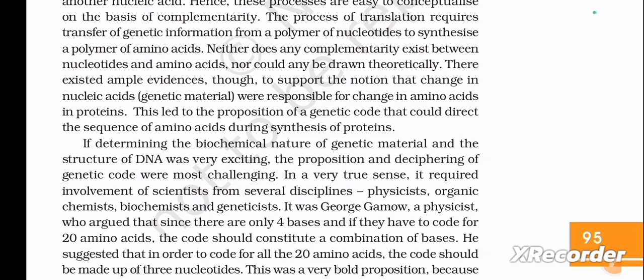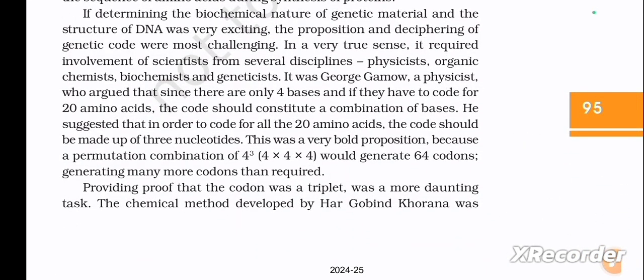In a very true sense, it required involvement of scientists from several disciplines: physicists, organic chemists, biochemists, and geneticists. It was George Gamow, a physicist, who argued that since there are only 4 bases and they have to code for 20 amino acids, the code should constitute a combination of bases.